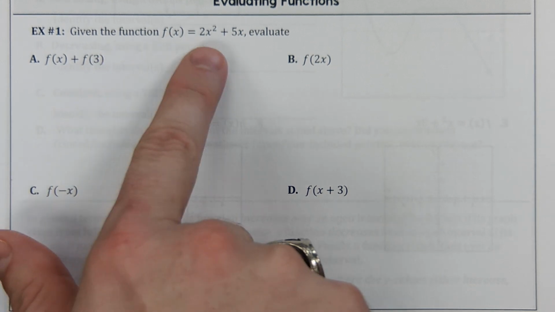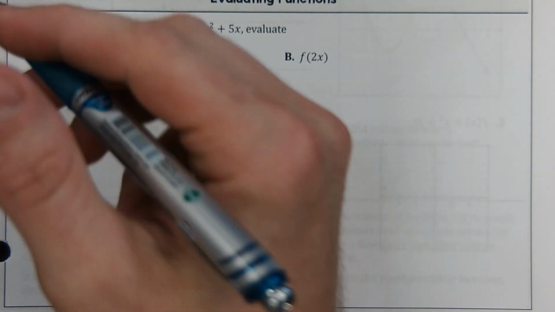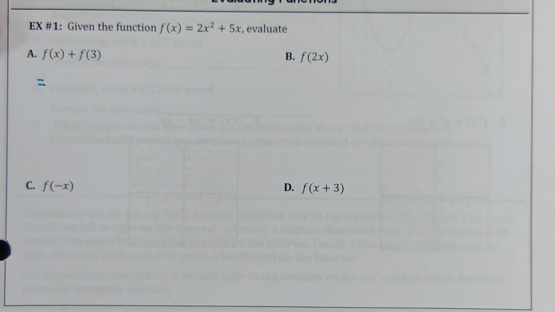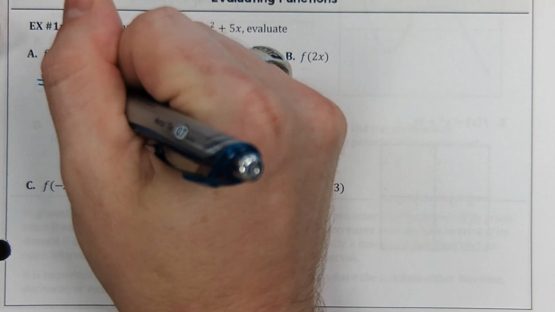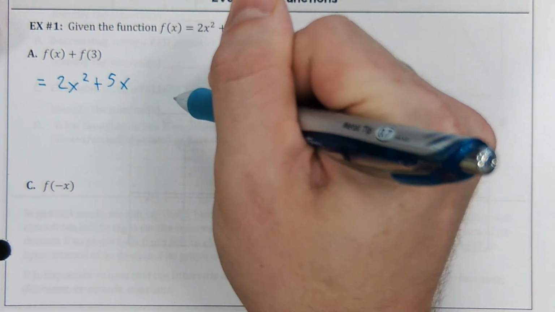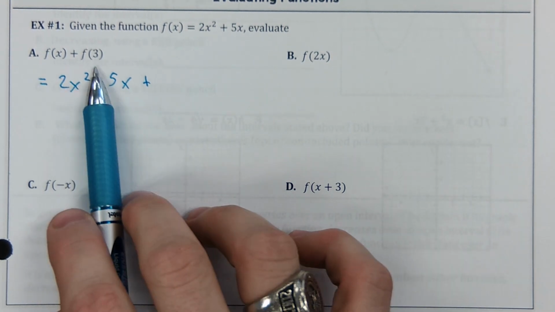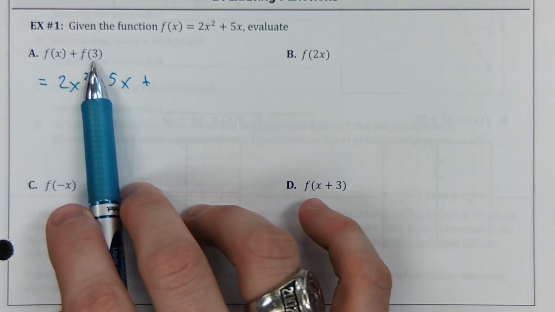So let's go ahead and find f of 3. Actually, let's do it all at once. Our original f of x, 2x squared plus 5x, and then we're going to add f of 3. So this is saying everywhere you had an x, plug in a 3. And I'll do that in another color.